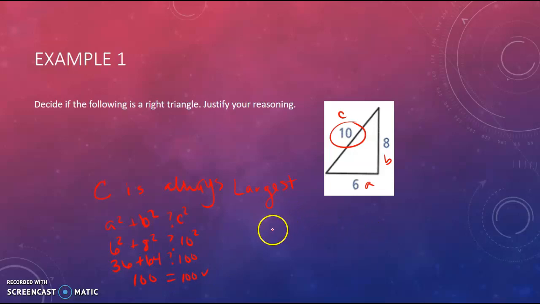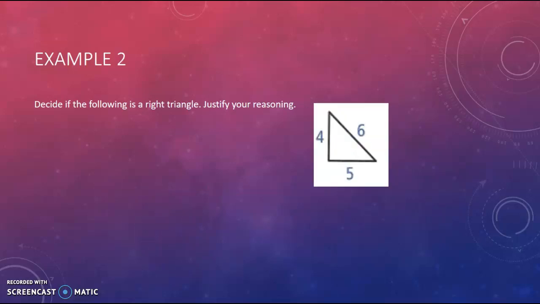And so our answer is yes. This triangle is a right triangle because 6 squared plus 8 squared equals 10 squared. Done. That's example 1.